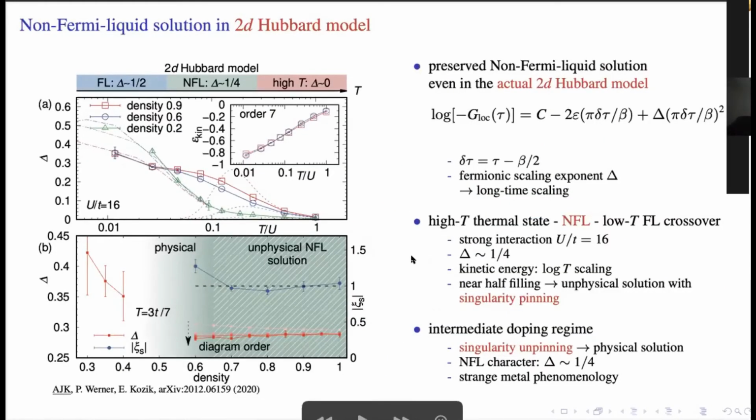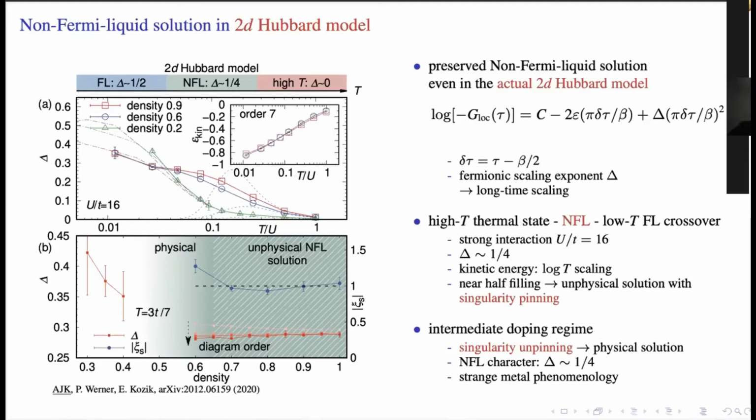Now we move on to the actual 2D Hubbard model. The non-Fermi liquid solution observed in the Hubbard atom retains its character even in the 2D Hubbard model. As a measure of the crossover, we define the fermionic scaling exponent delta, defined like this using the local Green's function.